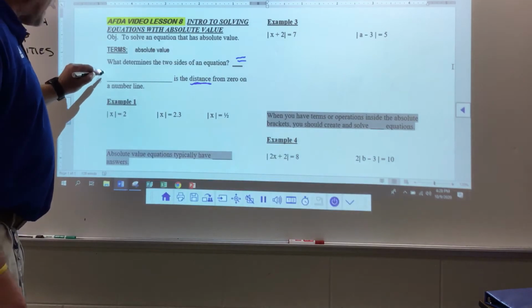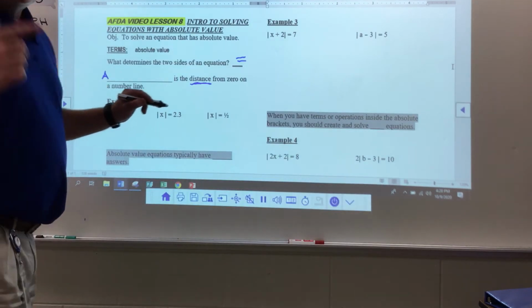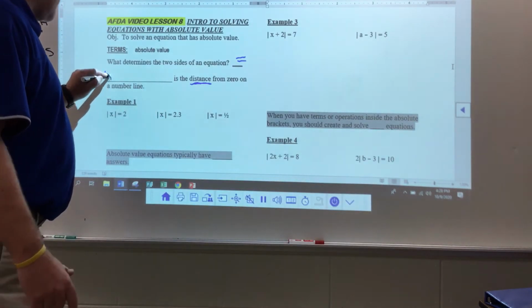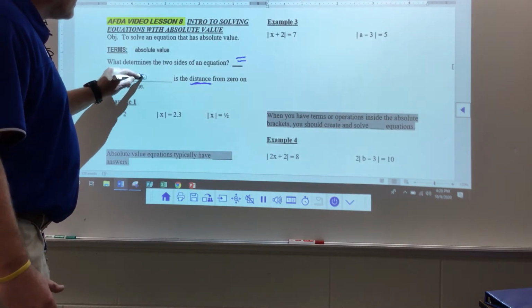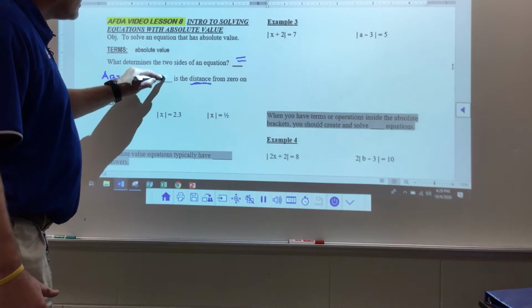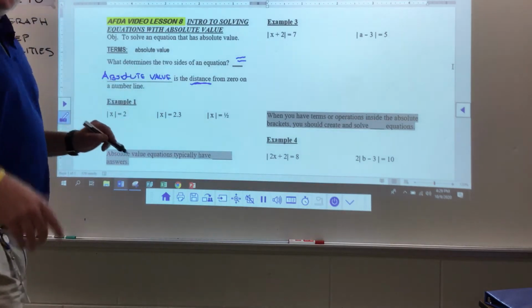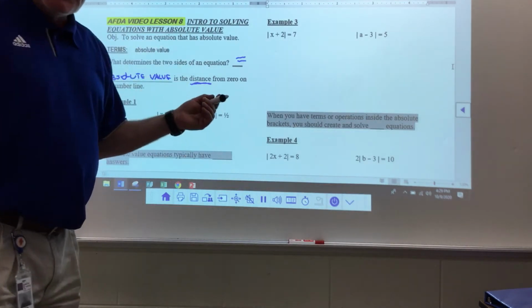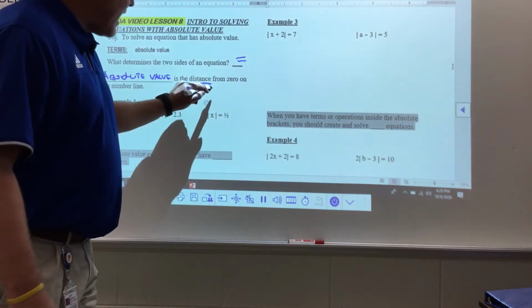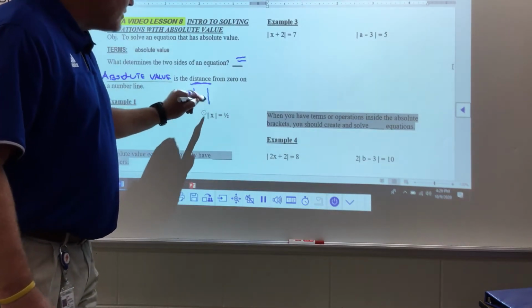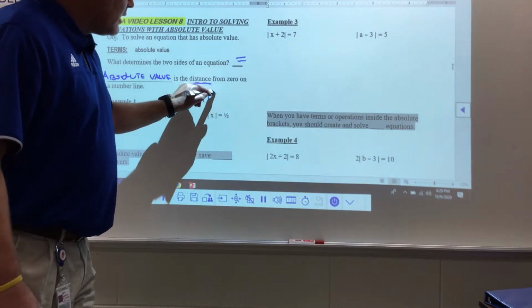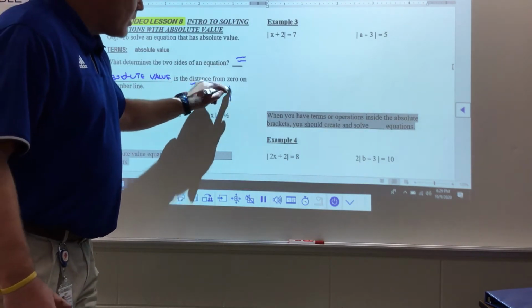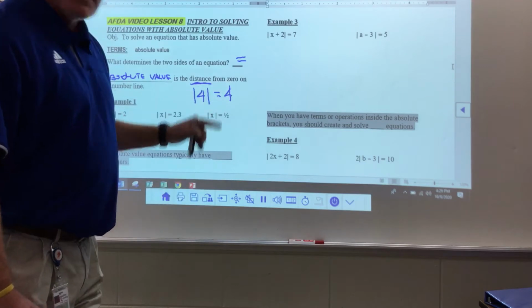So absolute value is a distance from zero. And as we just stated, it's going to be a positive number. Now, these little brackets indicate absolute value. So if we wanted to take the absolute value of, let's say, 4, it's going to be 4 because it's going to come out as a positive value.